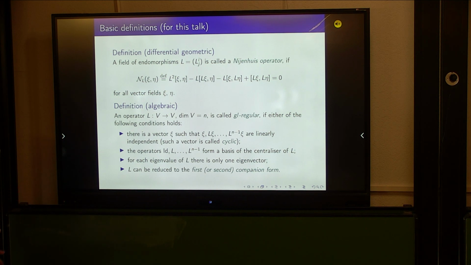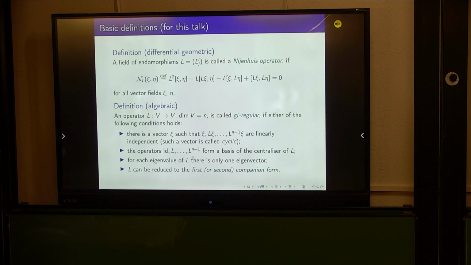Or, equivalently, the operators identity, L, and so on up to L to the power n minus 1 are linearly independent, and they form a basis in the centralizer of L, generating the space of all matrices commuting with L.